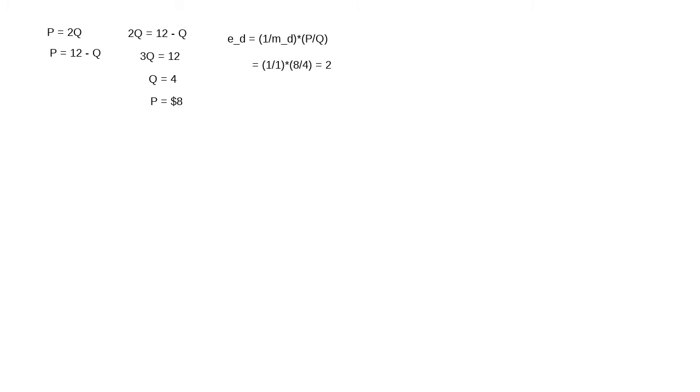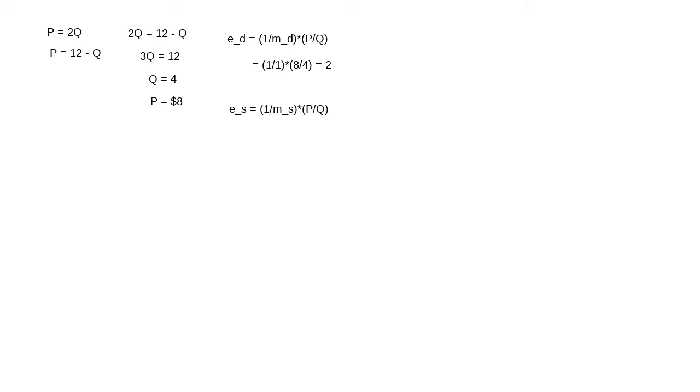And we'll do the same for elasticity of supply: 1 over ms times P over Q. The supply curve is P equals 2Qs, so the number in front of the Q is 2, so the slope is 2, times the equilibrium price, which is 8, over the equilibrium quantity, which is 4.